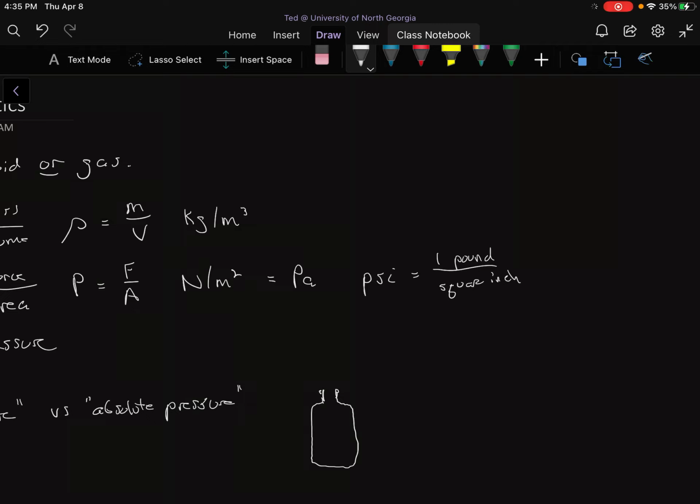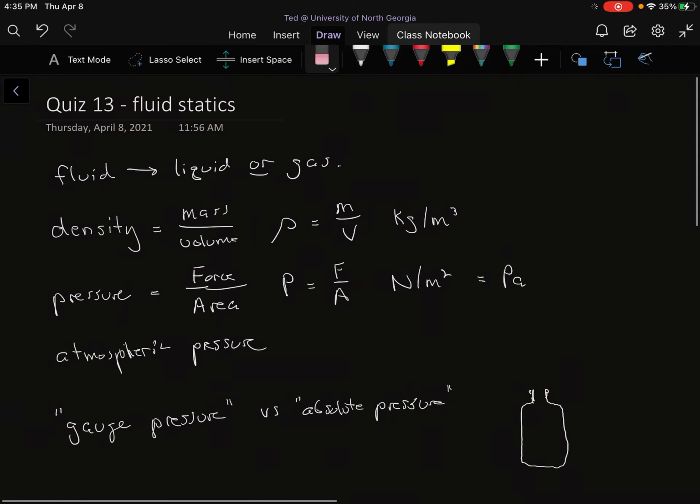And there are other units that people use for pressure, like millimeters of mercury or bars. But when we're plugging in formulas in this class, we're always going to be using pascals. So always convert to pascals before we plug into any of our equations.